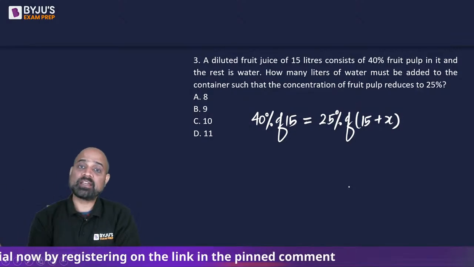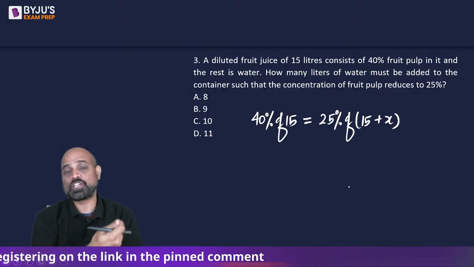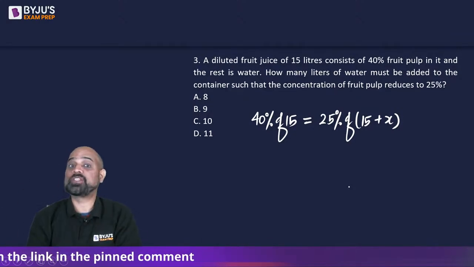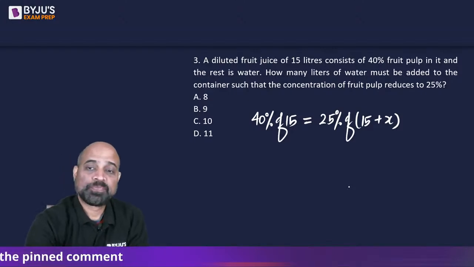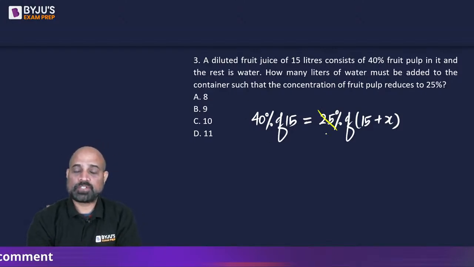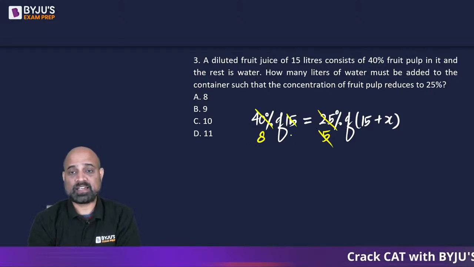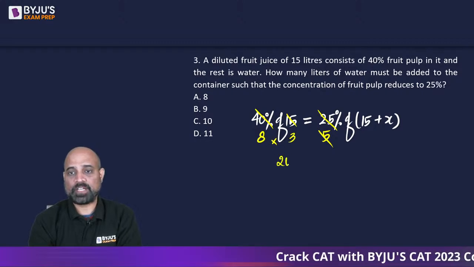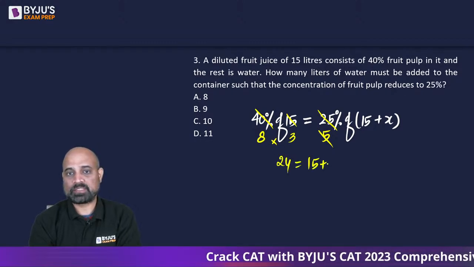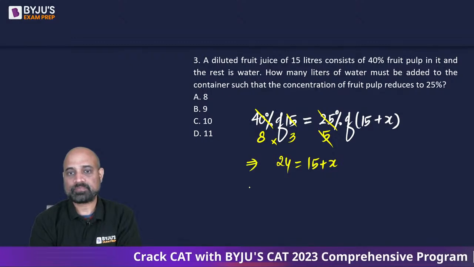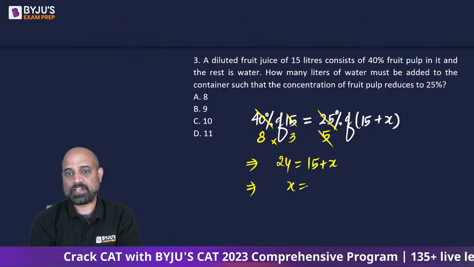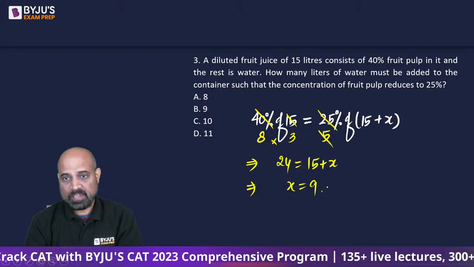So the base has changed. The base initially was 15 liters. Now we will have 15 plus x liters. So in order to solve this, what we can do is we can get rid of 1 5 and make this as an 8, get rid of another 5 and let's make this as 3. So we will have 24 is equal to 15 plus x and we will get the value of x is equal to 9.